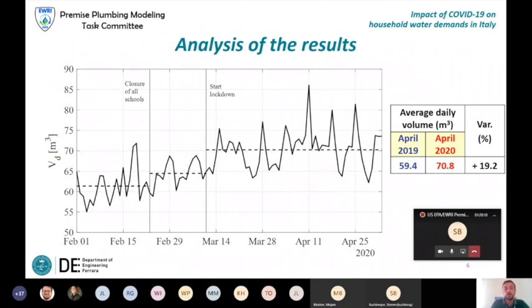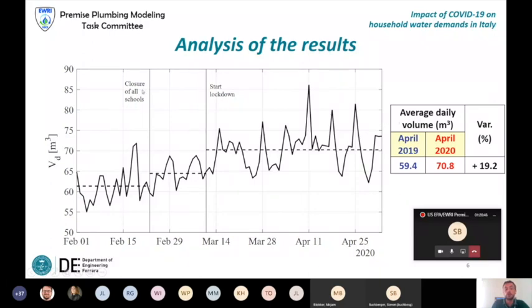In particular, by considering the total consumption of the DMA, we could see a significant increase of the water consumption in this small district. In this plot, I'm showing the daily water volume consumed by the 300 residential users from the beginning of February 2020 till the 4th of May 2020.